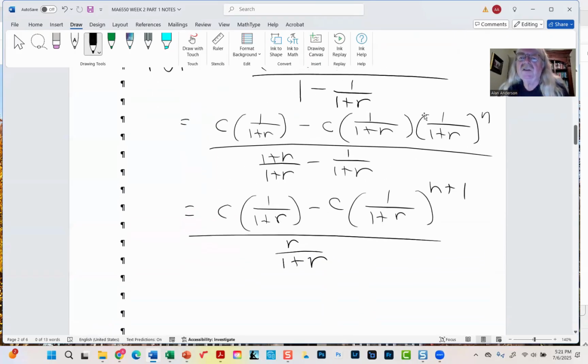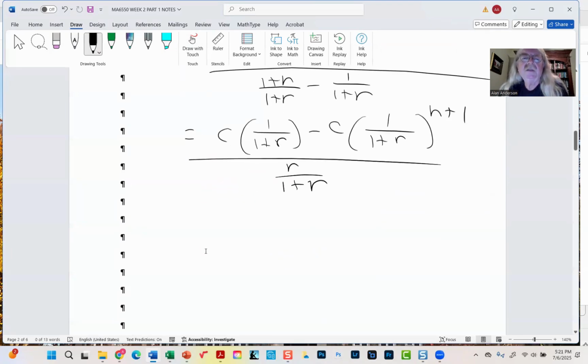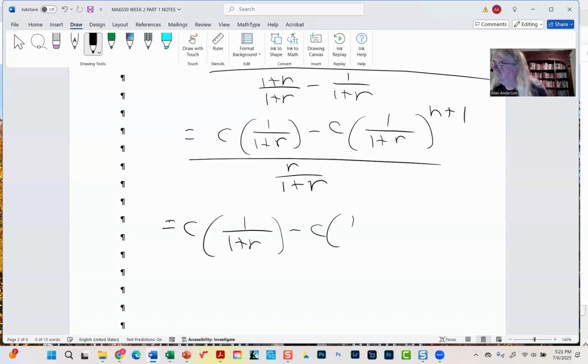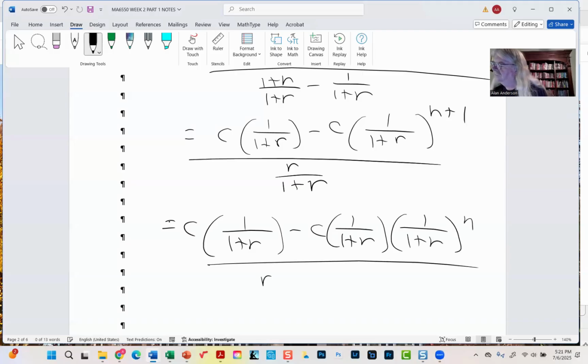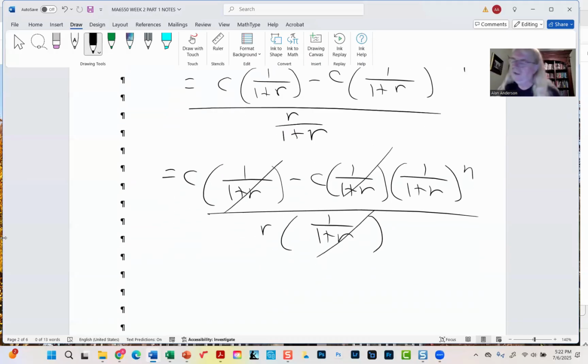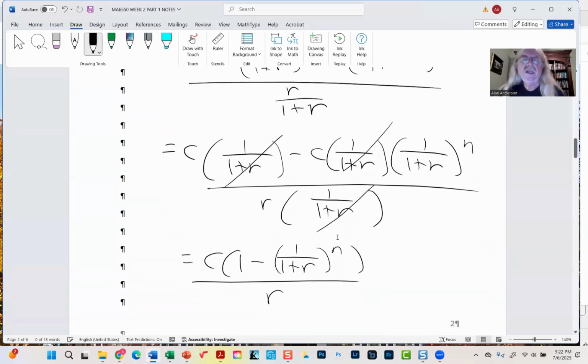Actually, I probably shouldn't have consolidated these two because let's do this. Now we can cancel some stuff out. We're going to have C. Okay, and that should take care of it.